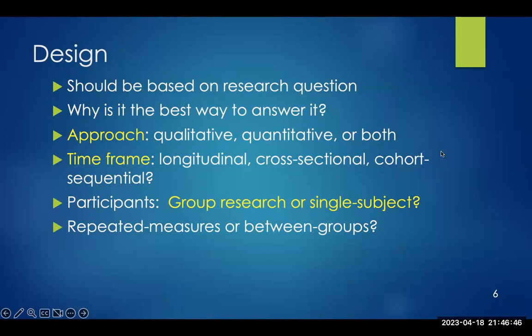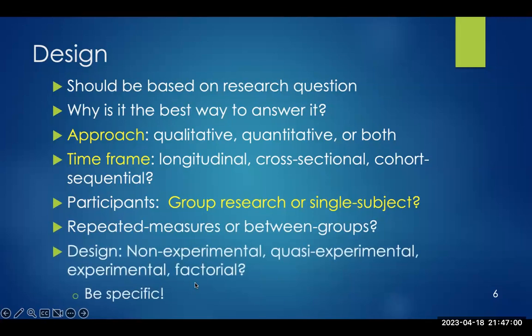That's either going to be through number of participants, in which case it would be between groups, or it'd be through getting a lot of data points on the same participants, in which case that would be repeated measures or within groups.